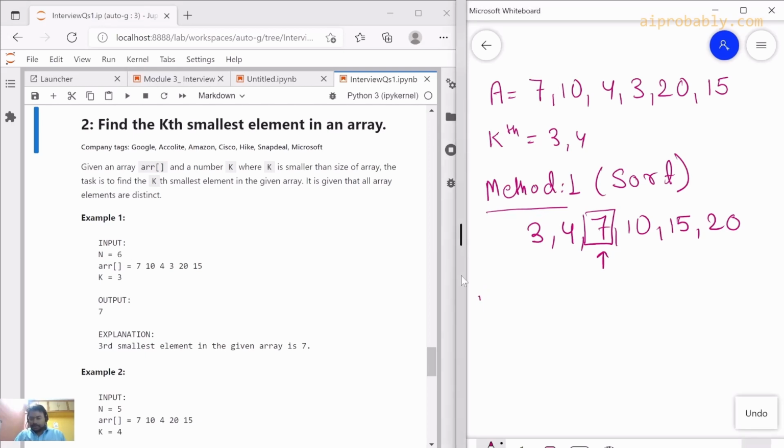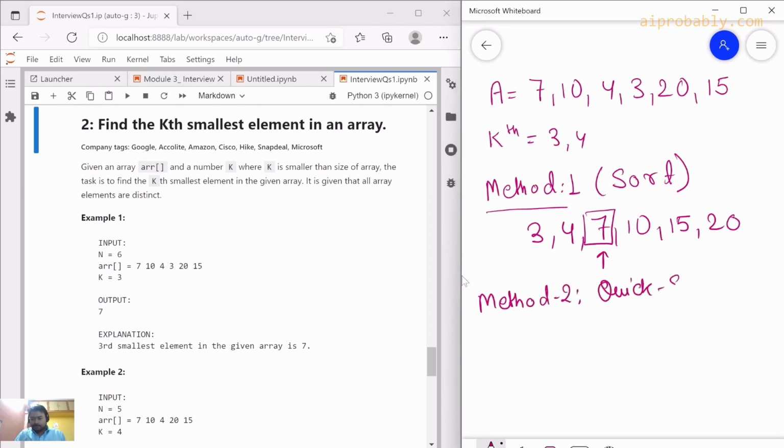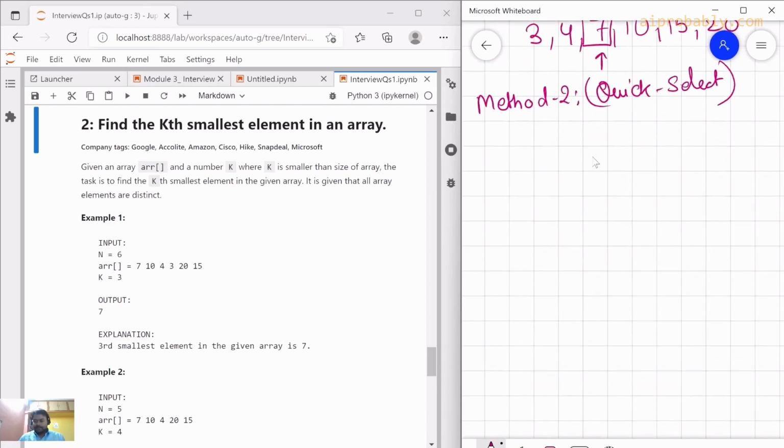In method 2, we are going to understand a famous algorithm called quick select. It comes from the same analogy as quick sort, and the algorithm will look a little bit similar to what we do in quick sort. So let's understand the algorithm in more detail.